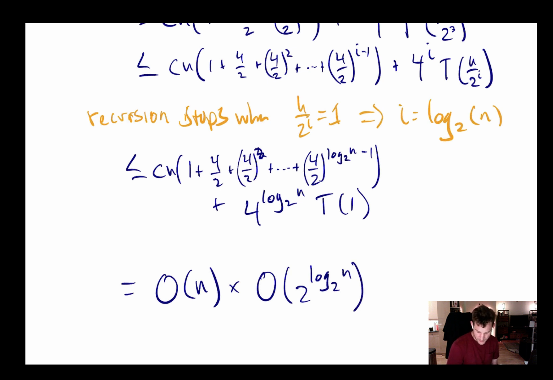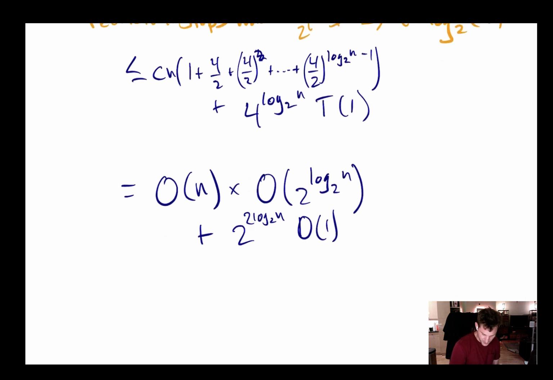So that's that first term, plus the second term. Well, what's 4 to the log base 2 of n? Turns out you can write that as 2 to the 2 log base 2 n times O of 1. T of 1 is O of 1. And this thing right here is just n to the 2.